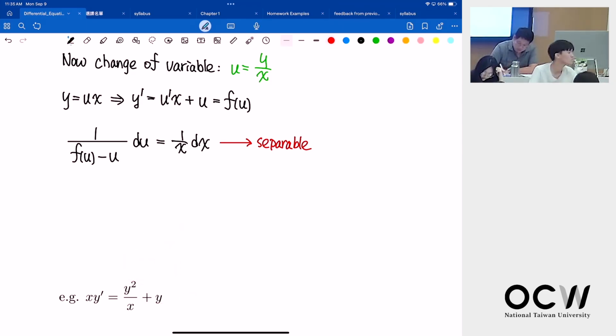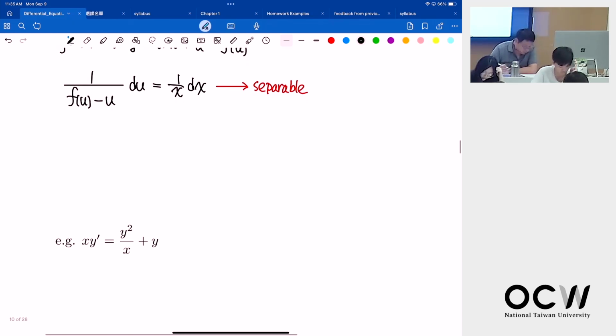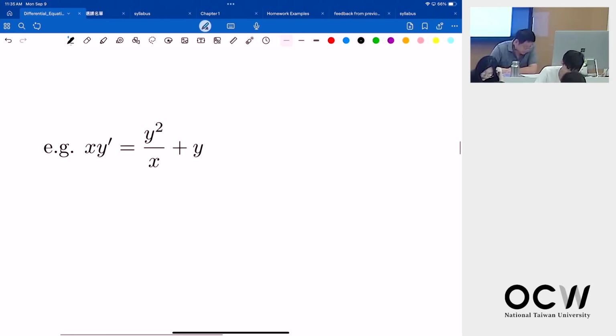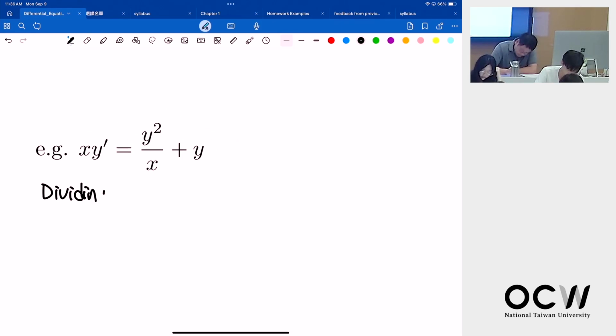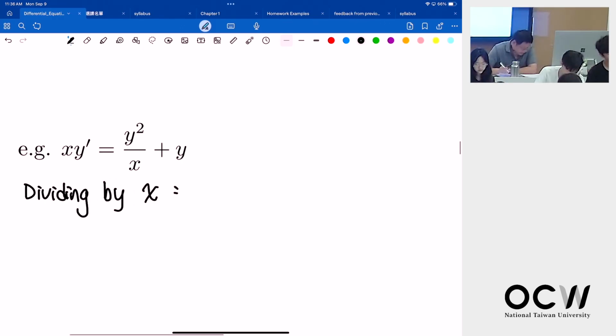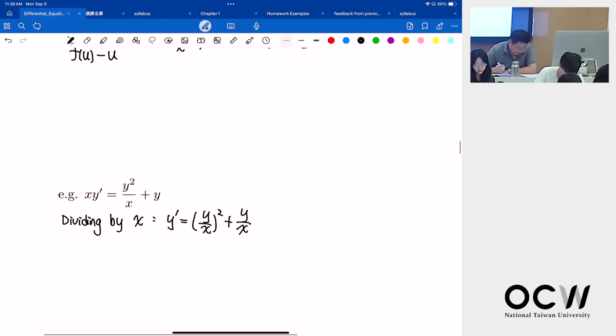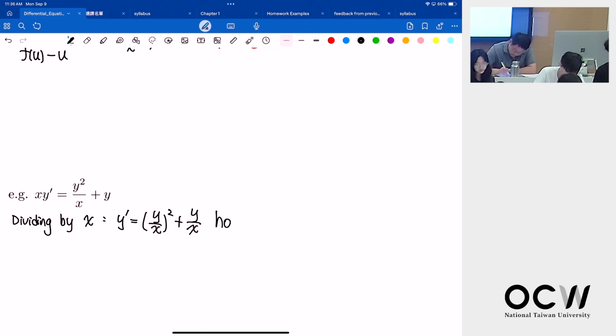So dividing by x, we have y prime equals y over x squared plus y over x. And this is homogeneous. And of course, you need to say that x is not 0.